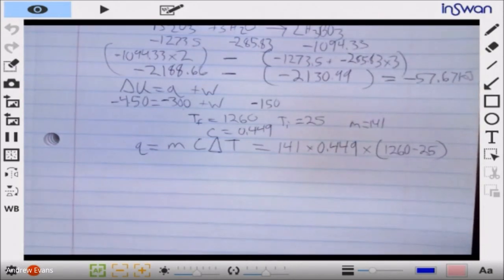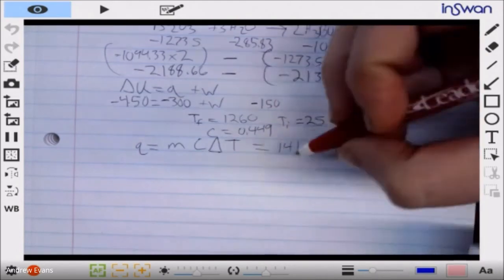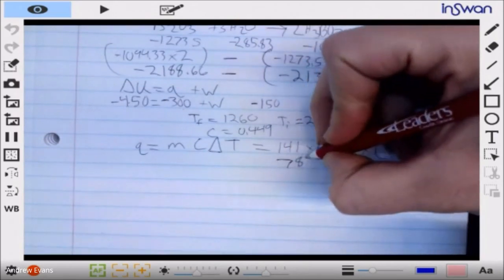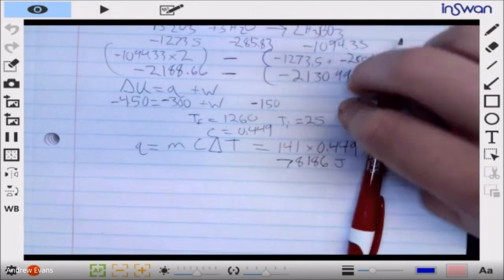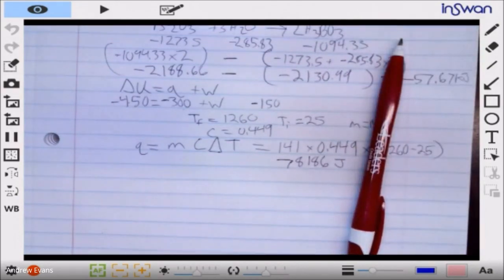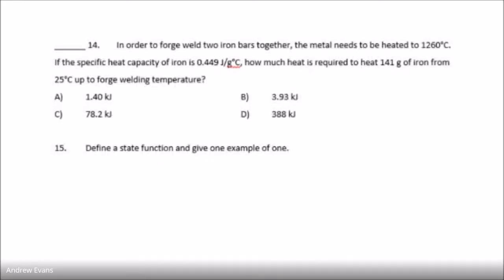This one's meant to be somewhat simple compared to some of the others. And so you would get a really big number, 78186 joules, which you may have to turn into kilojoules. So divided by 1,000, it becomes 78 kilojoules. So the correct answer is C.